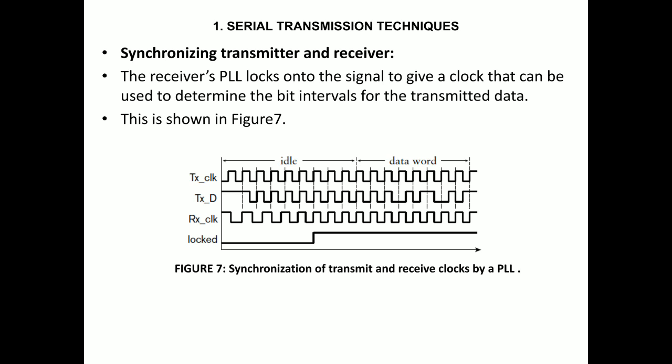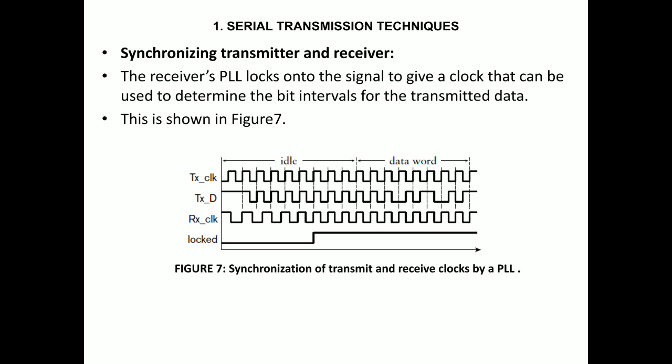The phase lock loop will separate the transmitter clock signal from the transmitted data, so it will give the output as only the transmitted data. So with the help of the PLL, the receiver end gets the original data.